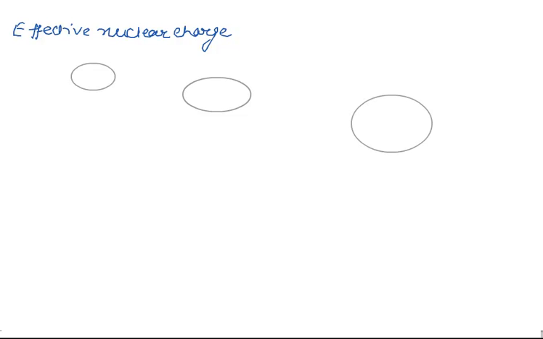Now what is happening, students? Here I have got the nucleus and I have got only two shells of electrons. In this case, I have got how many shells of electrons? I have got 3 shells of electrons. And in this case, what I have got? I have got 4 shells of electrons.